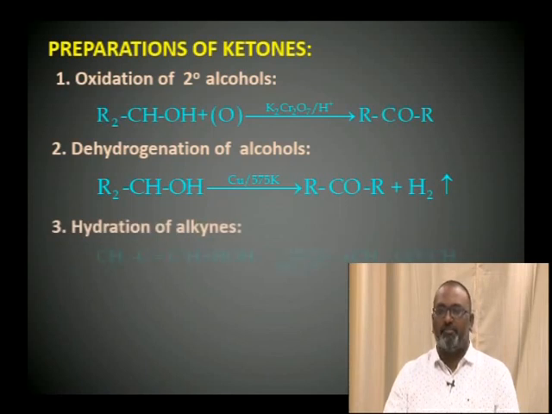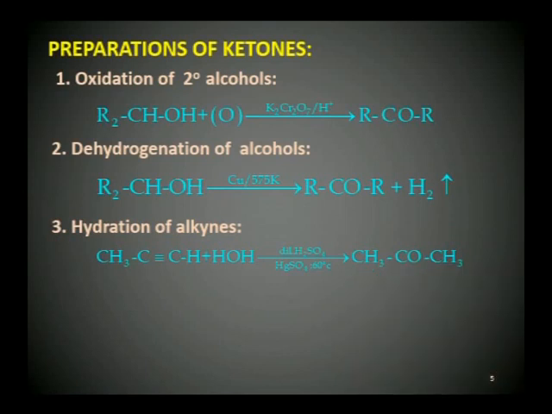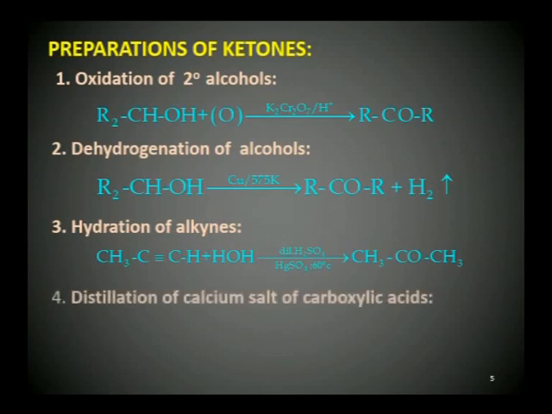Hydration of alkynes: when alkynes other than acetylene are hydrated in the presence of dilute H2SO4 and HgSO4 at 60 degrees centigrade, we produce ketones. And as I said earlier, distillation of calcium salts of carboxylic acids other than calcium formate produces ketones. If we use calcium formate, we get aldehydes. So these are the preparations for ketones.